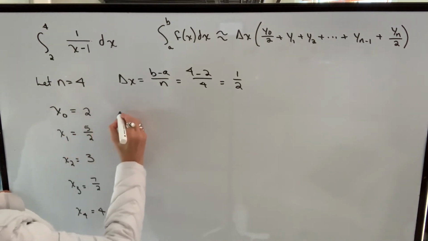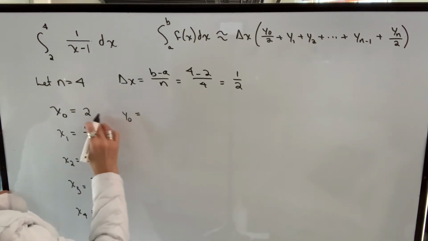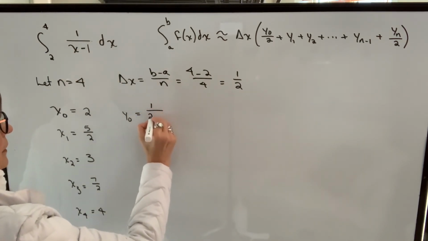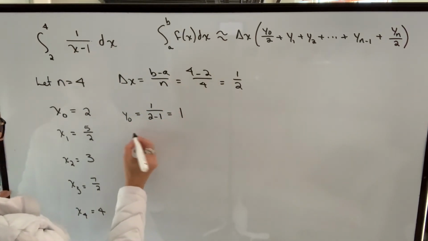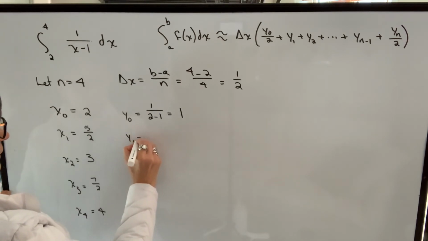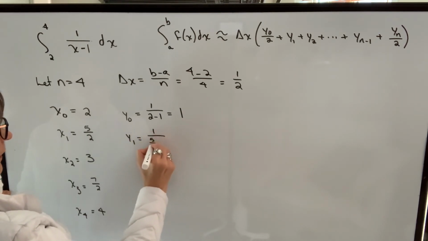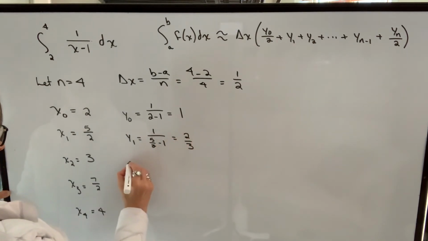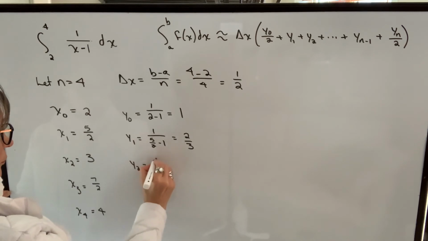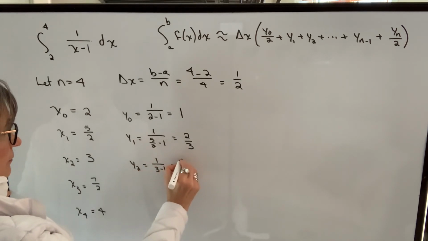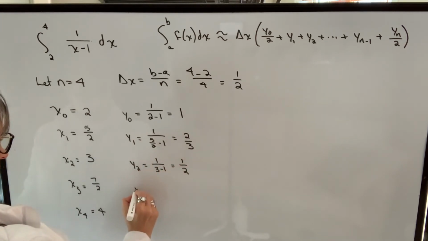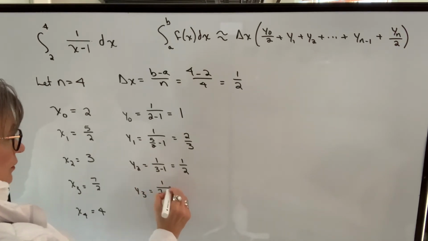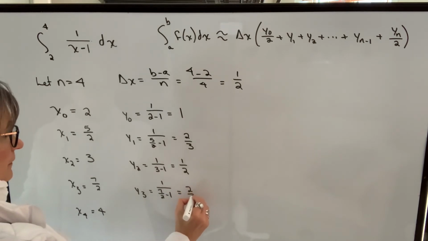Then we find the corresponding y values by putting these x values into our function. Here's our f of x. So y0 is 1 over 2 minus 1, which will be 1. y1 will be 1 over 5/2 minus 1, 1 over 3/2, which is 2/3. y2 will be 1 over 3 minus 1, which is 1/2. y3 will be 1 over 7/2 minus 1, which is 1 over 5/2, which is 2/5.